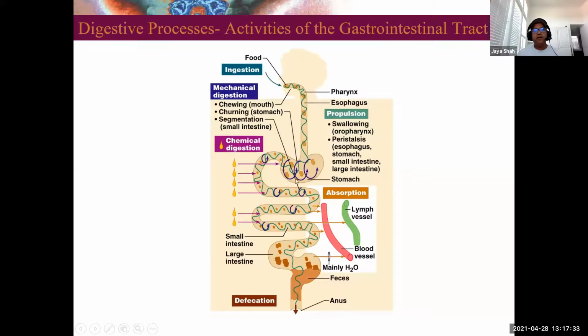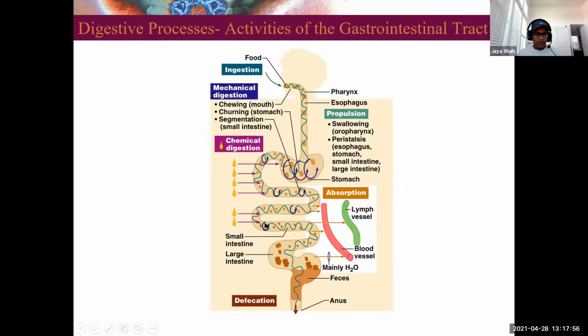Then in the stomach, there is chemical digestion, like pepsin digests protein into peptides. In the intestine, there is digestion of all fat, protein, and carbs from the enzymes coming from the pancreas or enzymes found in the epithelium of the small intestine, which are called brush border enzymes.